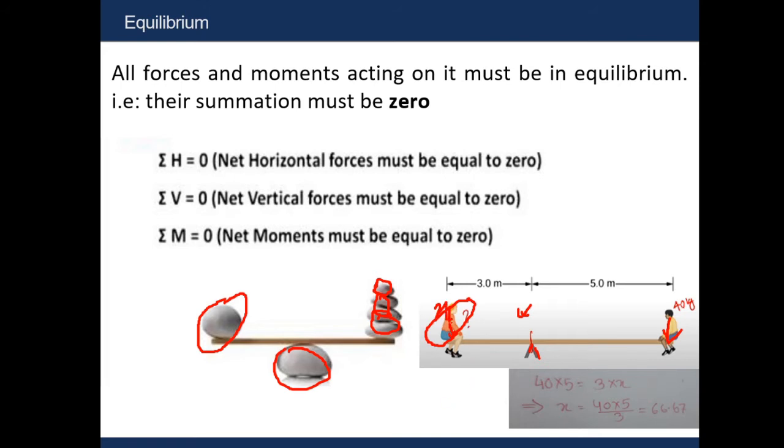This x amount of load is applied at a distance of 3 meters from the support. So in order to maintain an equilibrium state, we apply the summation of moment equals 0 equation to calculate the weight of this person. Here is the solution given.